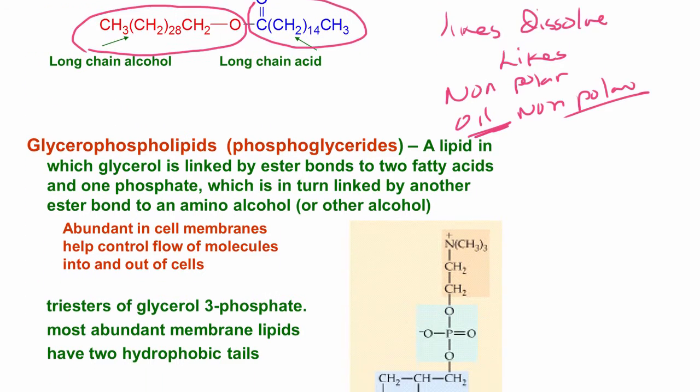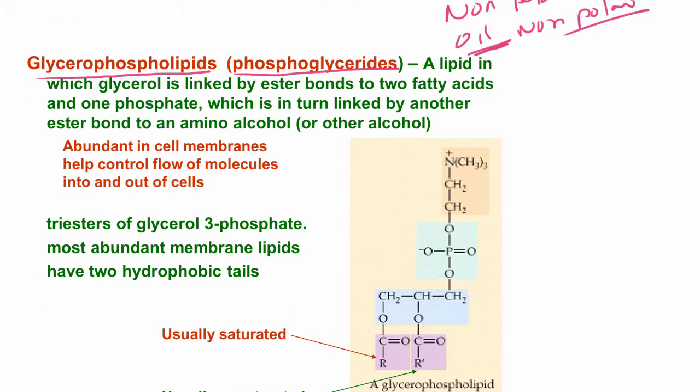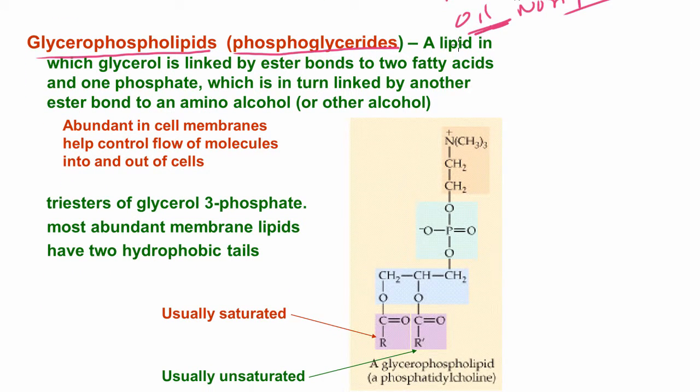The next classification, we have glycerophospholipids, also known as phosphoglycerides. Basically, as far as the structure goes, we have a lipid in which glycerol is linked by ester bonds to two fatty acids. One of them is usually saturated.